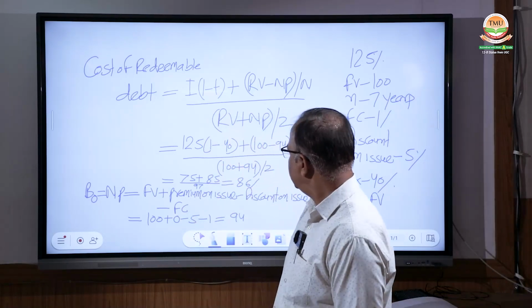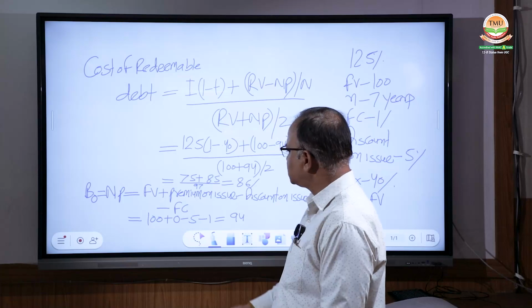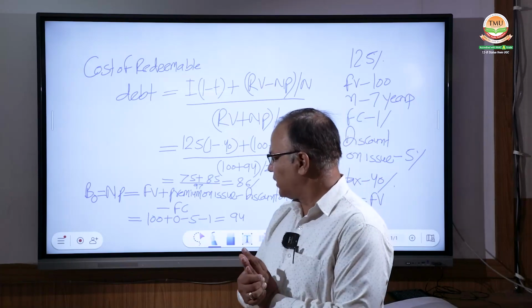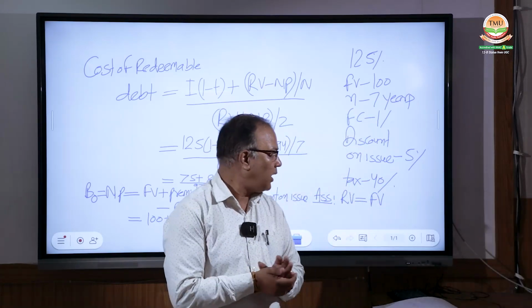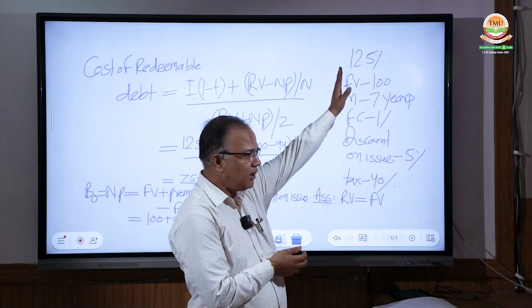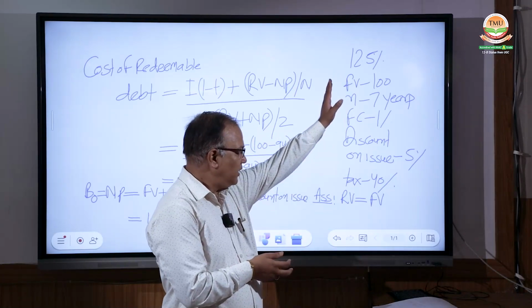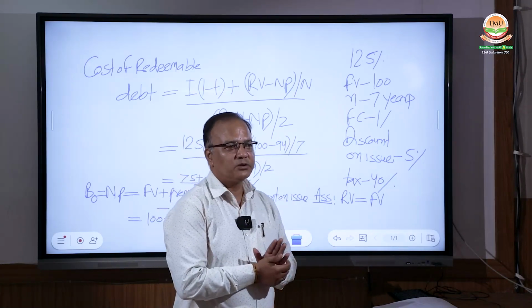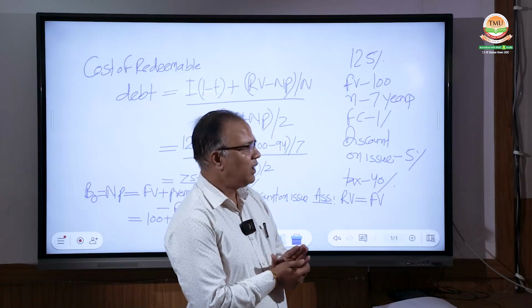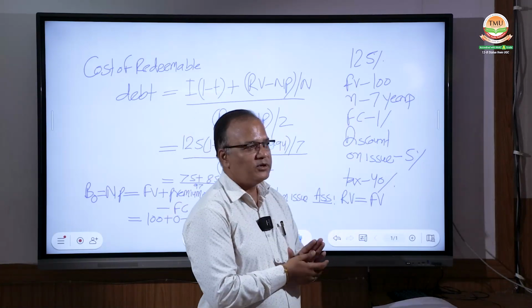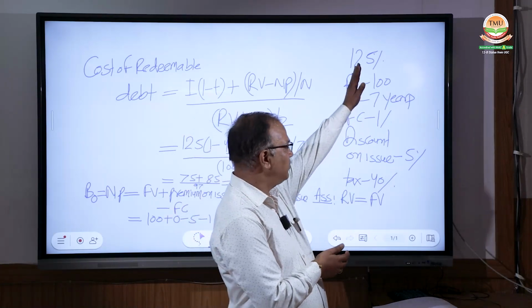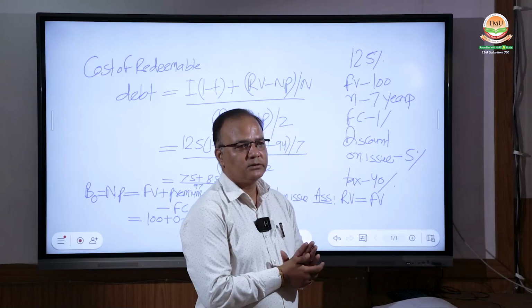I think it should have been clear to all of you. I am repeating again simply what I did. All the information was given in the question. So first of all, I collected all the information and simply wrote it down here.